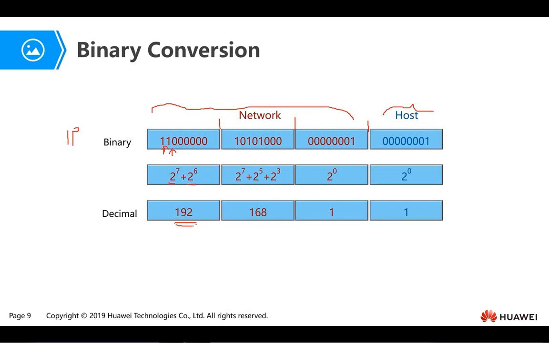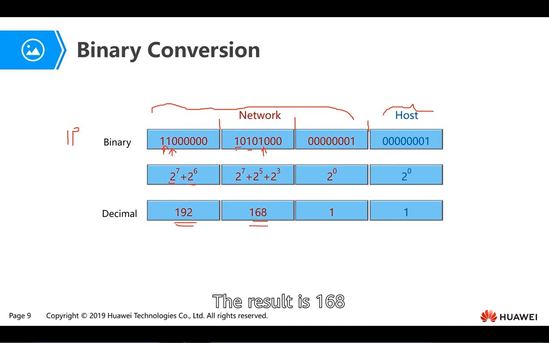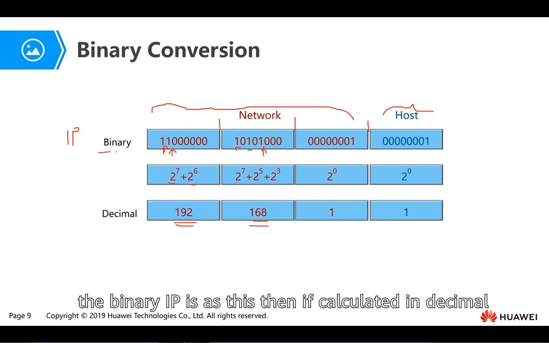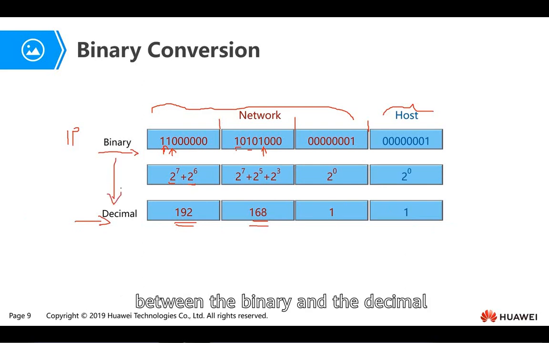Then this is 2 to the power 7, 2 to the power 5, and 2 to the power 3, and the result is 168. This is a 1, 1. So the binary IP is as this, and the calculated decimal IP address is as this. You had better practice and learn how to convert between binary and decimal.